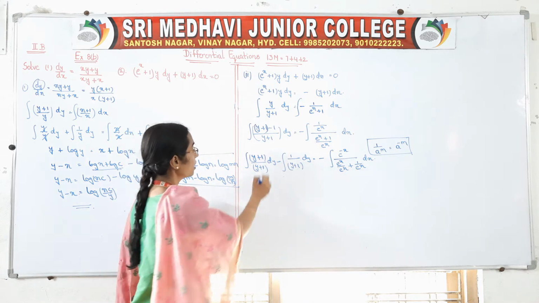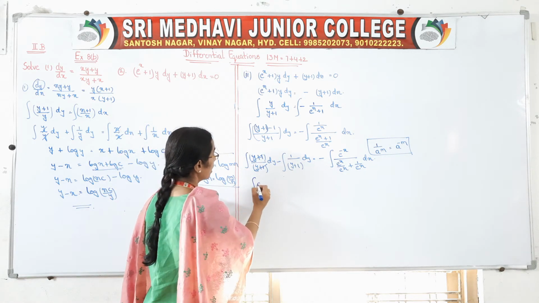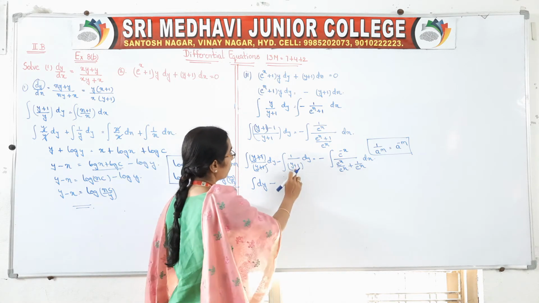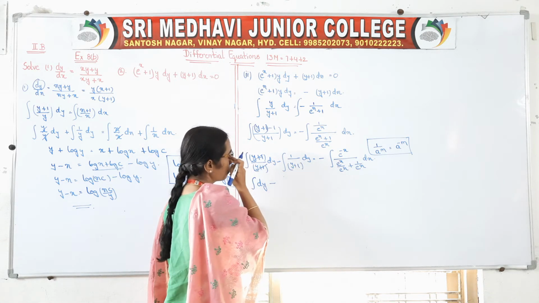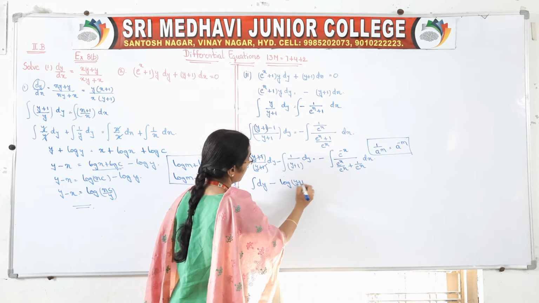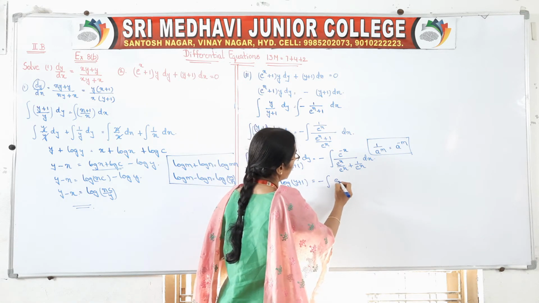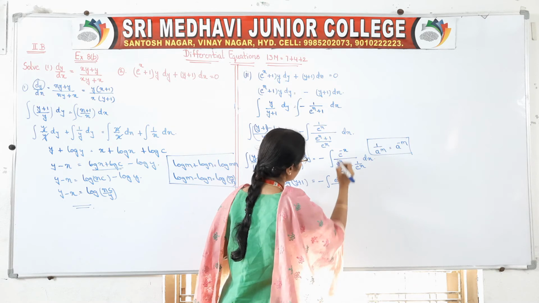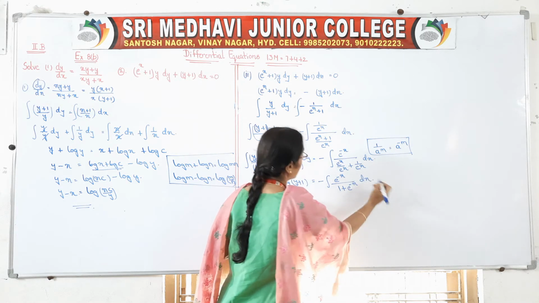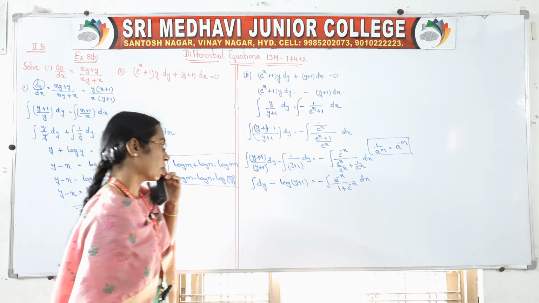Okay, so here y plus 1 cancels, so you are having integral dy minus integral 1 by y plus 1, which is log of y plus 1, is equal to minus of integral e to the power of minus x by 1 plus e to the power of minus x dx. Okay, so how can we solve this problem?